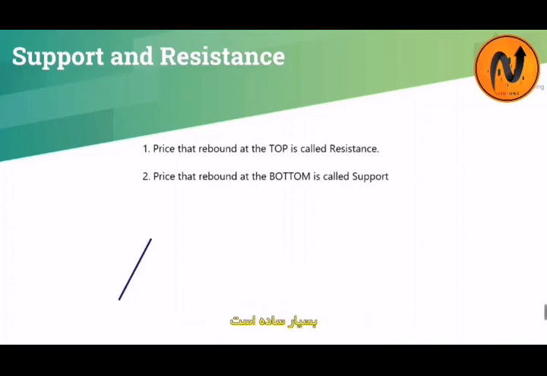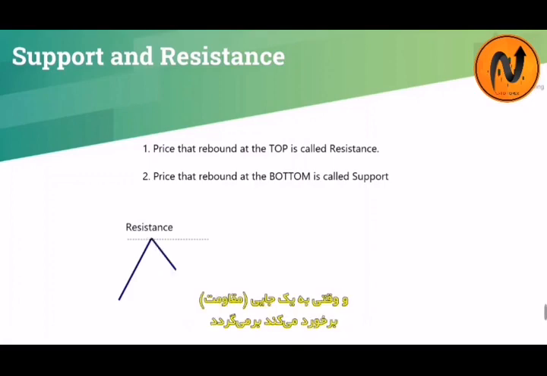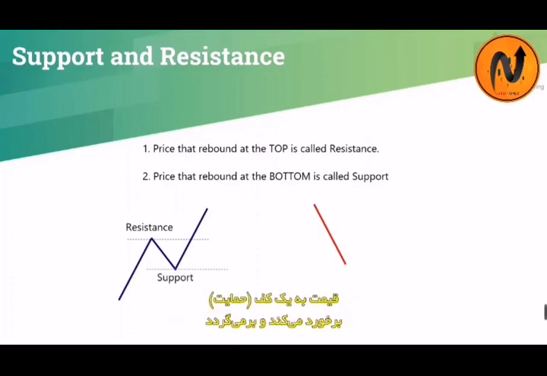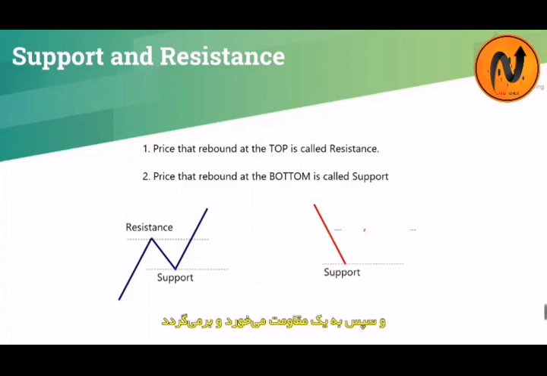So it's very simple. The price is moving up, and that is the resistance when it hits something. And when it comes back down and hits something, it is a support. Similarly, for a downtrend, it's the same. When it goes down, it hits some floor and then rebounds back as a support, and then hits a resistance and goes down.